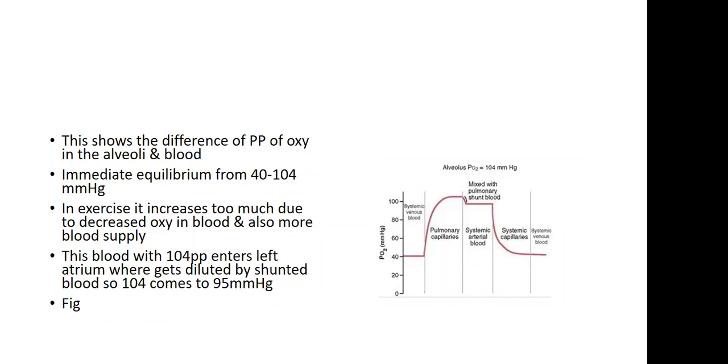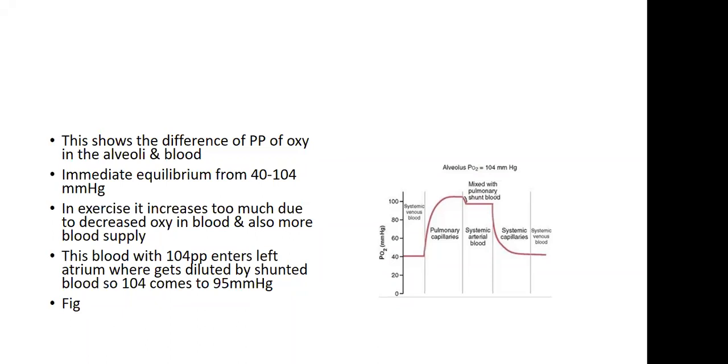But due to admixture of the pulmonary venous blood with it, the partial pressure drops down to 95 millimeters of mercury. You can see the drop, mixed with pulmonary shunt blood, just below it is the partial pressure level of 95.